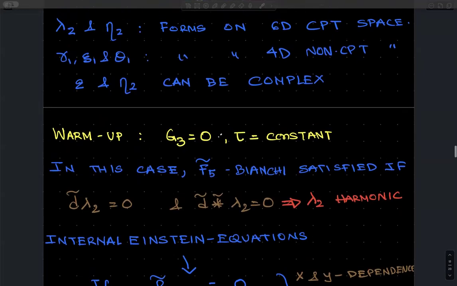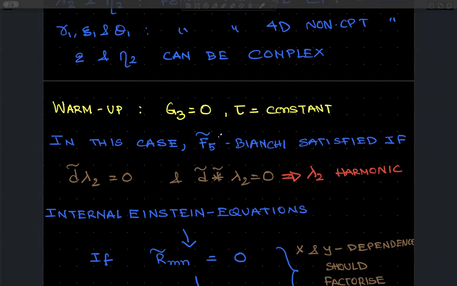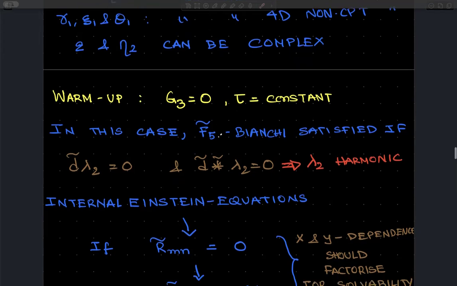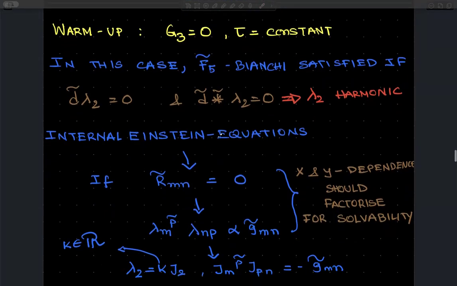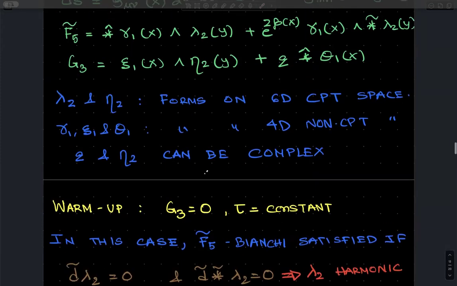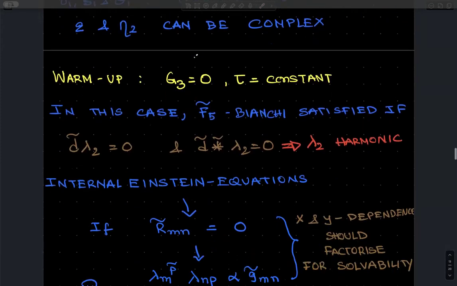And on top of that, if we look at the internal Einstein equation, if we demand that our internal manifold is Ricci flat, and of course, the solvability of this equation actually enforces that this contraction is proportional to G tilde Mn, and this is possible if lambda 2 here is proportional to J2.